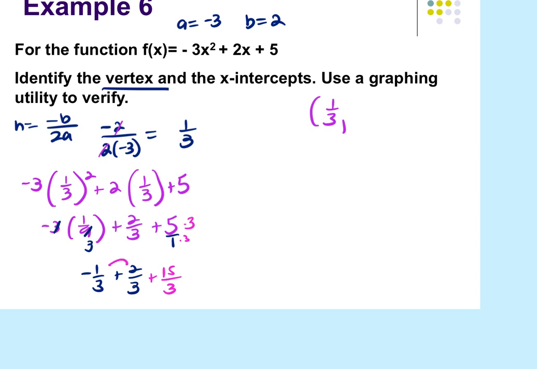Negative 1 plus 2 is positive 1, plus 15 is 16 over 3. That's the vertex.